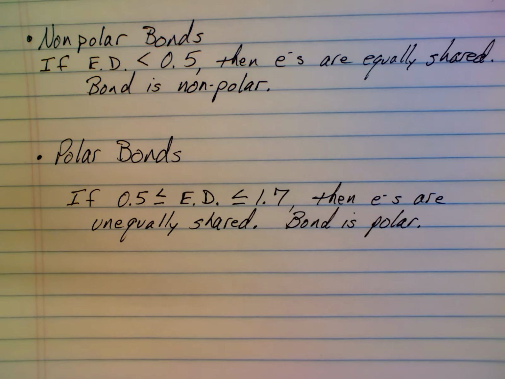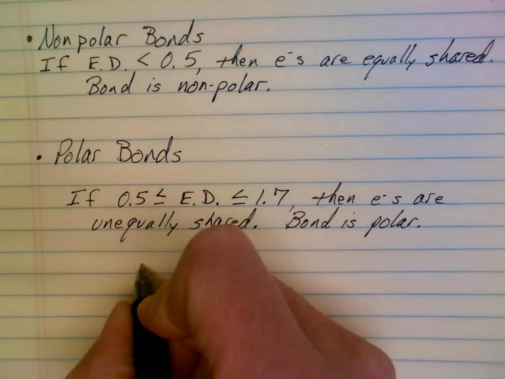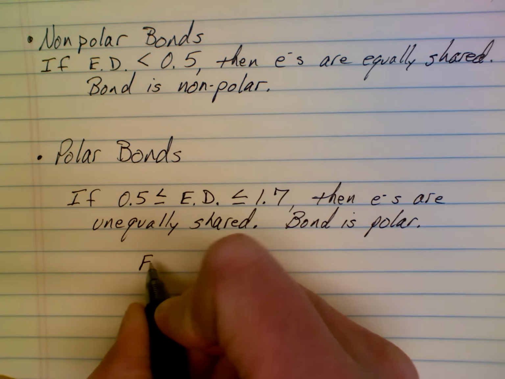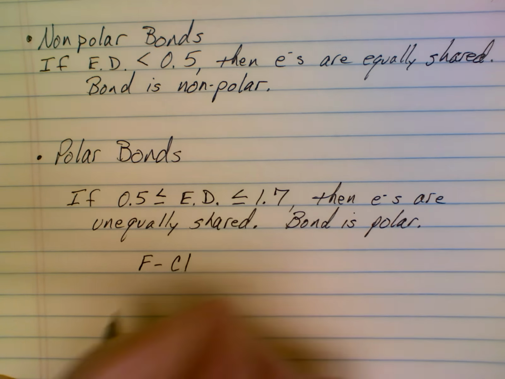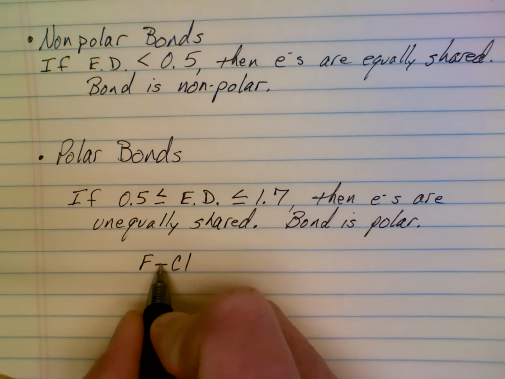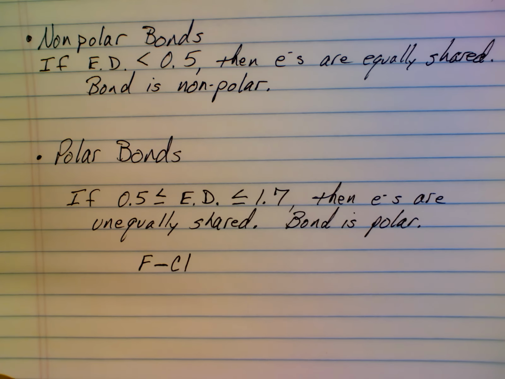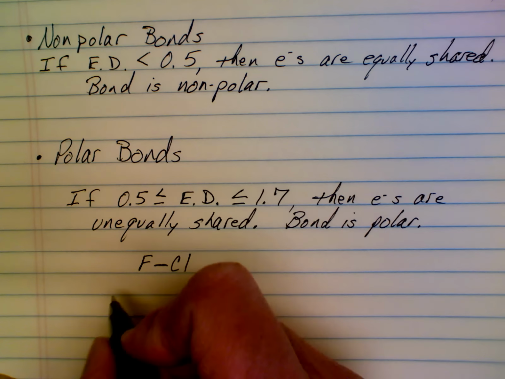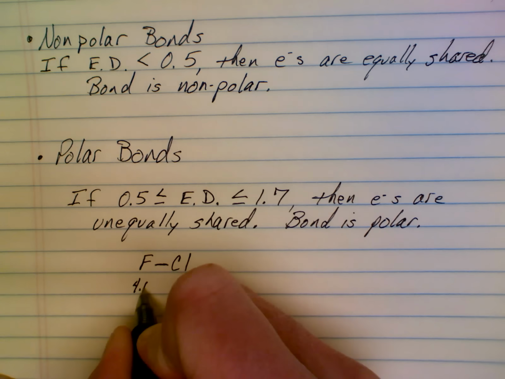So, for example, if we had a molecule, let's take something like fluorine and chlorine bonded together, forming a nice little single bond here. Fluorine has an electronegativity of 4.0.